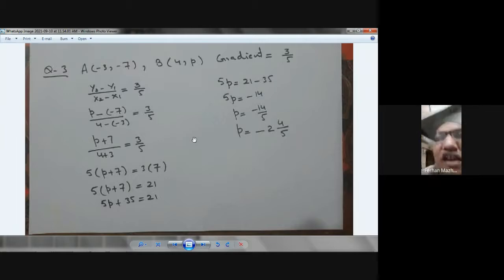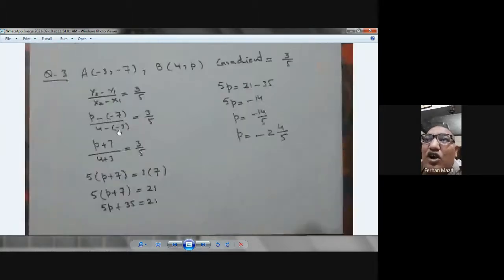So y2 is P, so I will write here P minus the y1 value, which is minus 7, so I will write in the bracket minus 7. X2 is 4 and x1 is minus 3, so 4 minus bracket minus 3 bracket close equals 3 by 5. This minus and minus will make it positive. So we will have P plus 7 divided by 4 plus 3 equals 3 by 5.